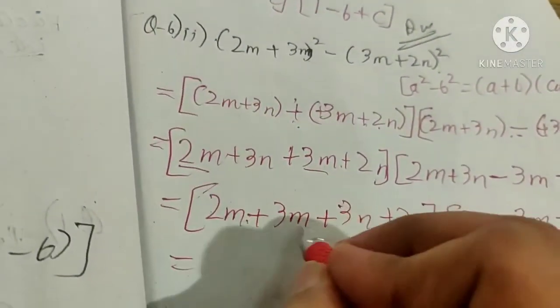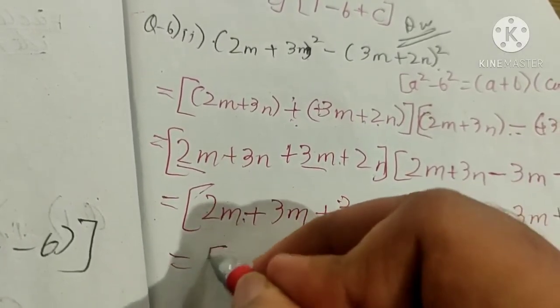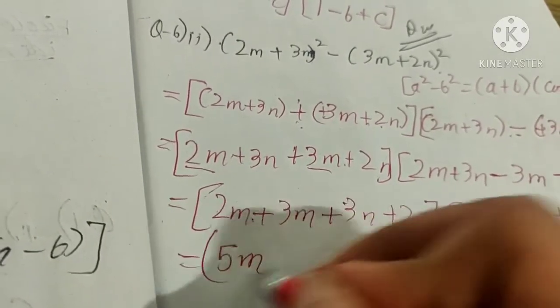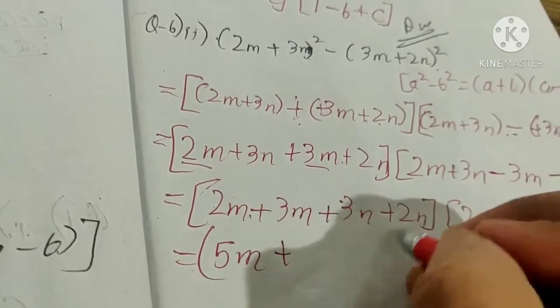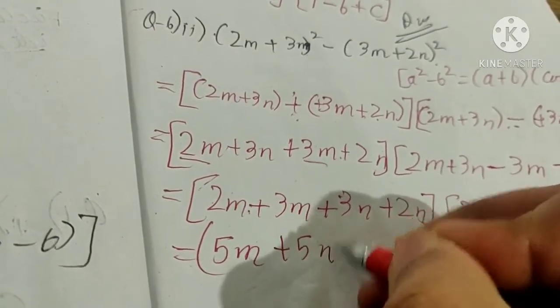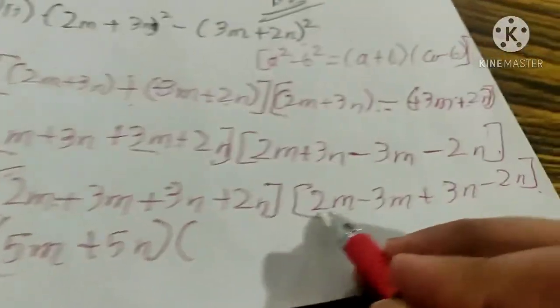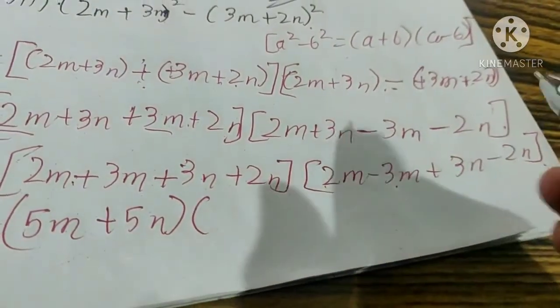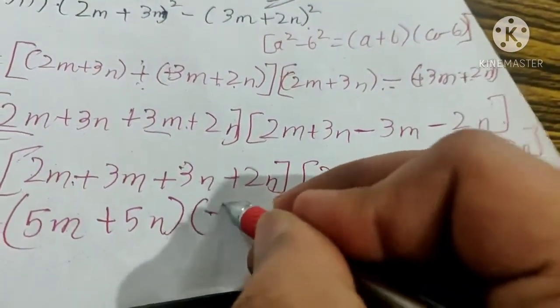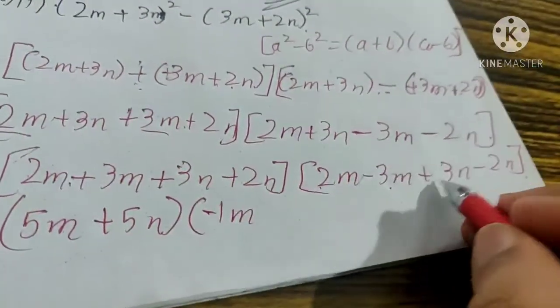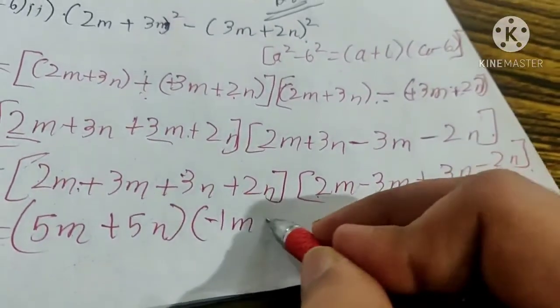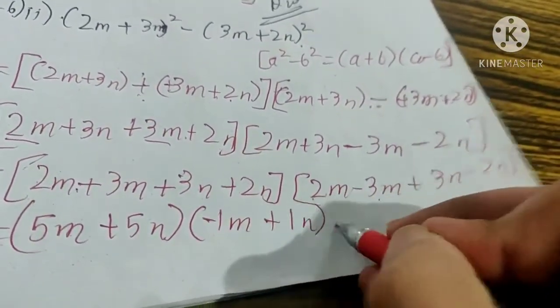So here these can be added: 2 plus 3 means 5m, plus 3 plus 2, that is 5n. And here 2 minus 3 is minus 1, so minus 1m, and again 3 minus 2 is plus 1n.